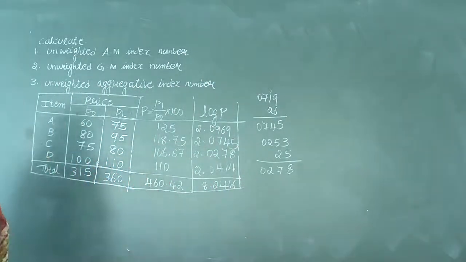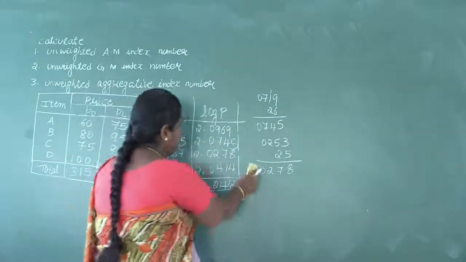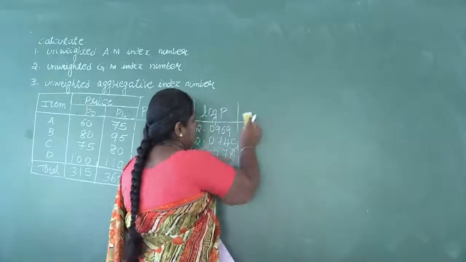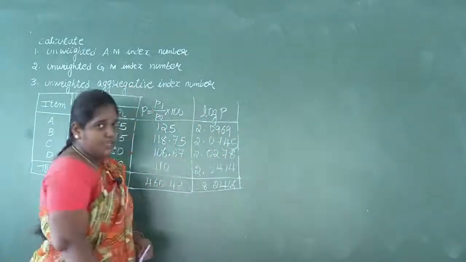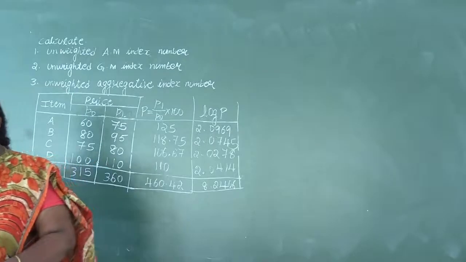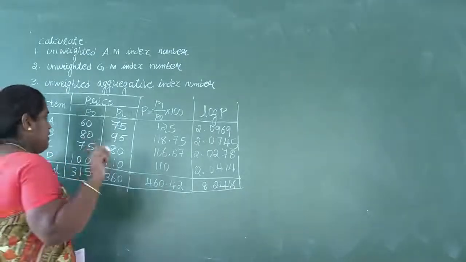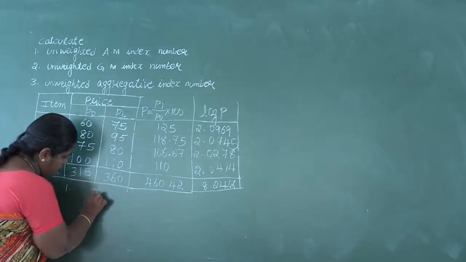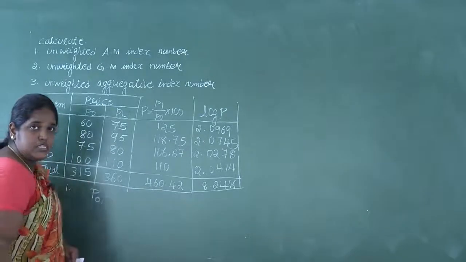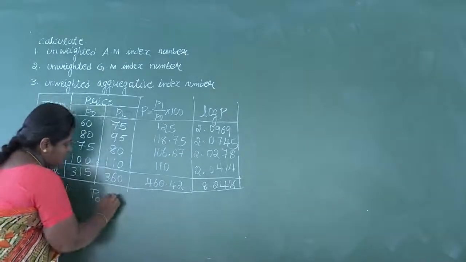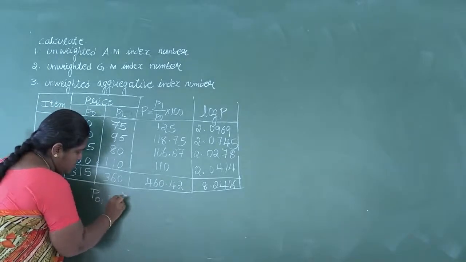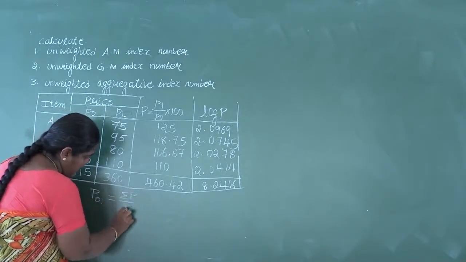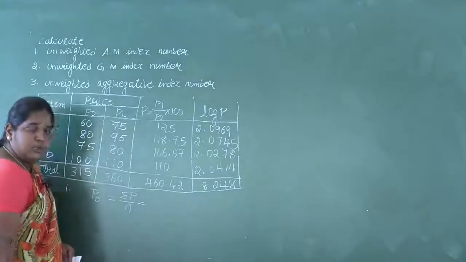Now we'll be calculating by using the formula. So the first question is arithmetic mean index number, so we'll start with that method itself. What is the formula? Price index number is denoted by P01. So P01 equals sigma P divided by N. What is the total of P?